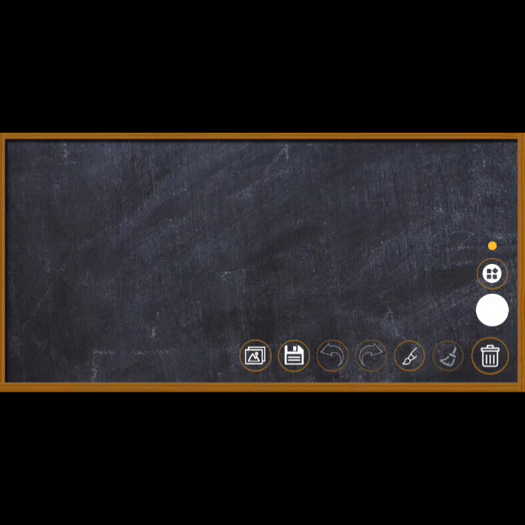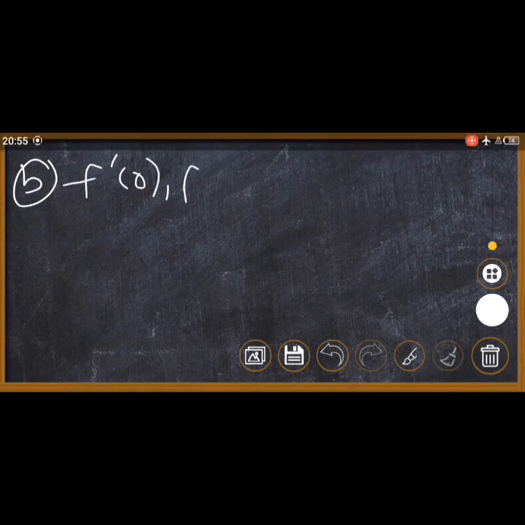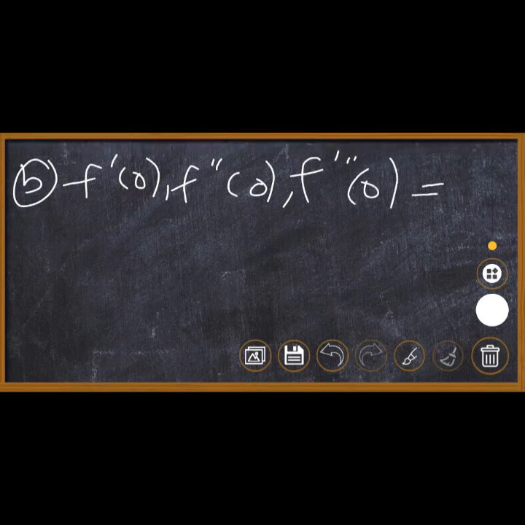So again, the second condition where Maclaurin's theorem or series does not exist is where you find that the derivatives, let's say the first derivative, the second derivative, and the third derivative, whatever number of derivatives you might have, are giving you infinity.